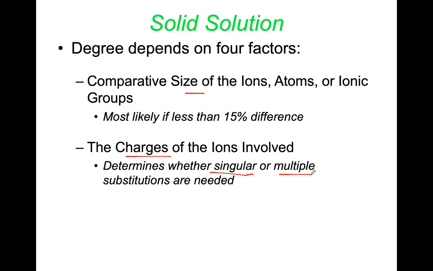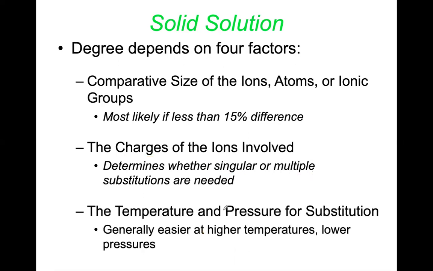That is also important. And also the temperature and pressure, right? So these factors are very important for the degree of solid solution, right? That means the amount of solid solution to happen.